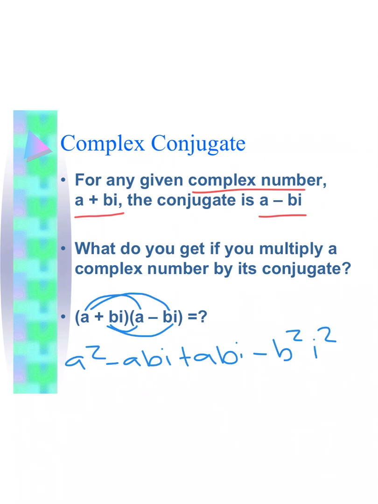All right, we can see that the minus abi and the plus abi are going to cancel themselves out. And we discussed in the last example that i squared is the same as negative 1. So when I multiply negative 1 times a negative b squared, I now get a squared plus b squared. And this is always going to be the case when we're multiplying a number by its conjugate. We can just take our a and our b values, square them, and then find the sum.